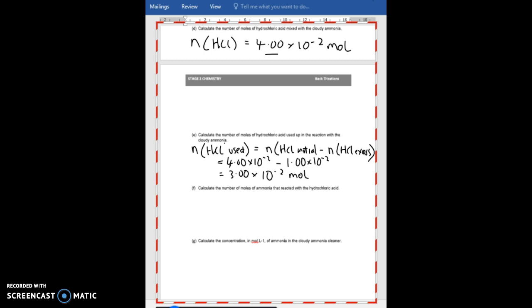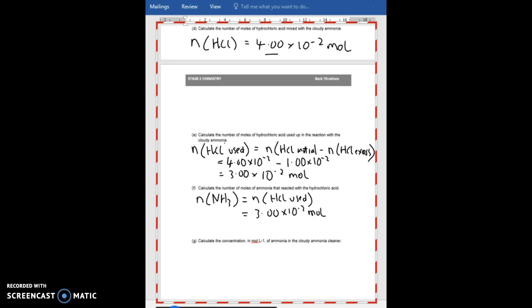So the number of moles of ammonia, NH3, equals the number of moles of HCl used. Therefore it equals 3.00 times 10 to the minus 2 moles.